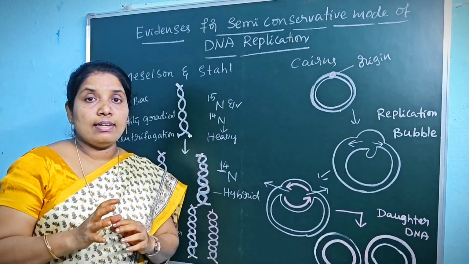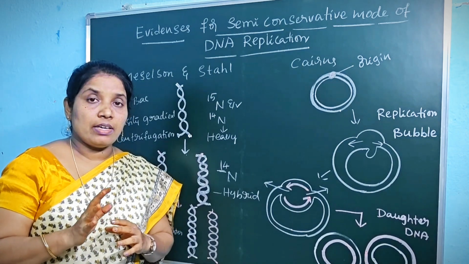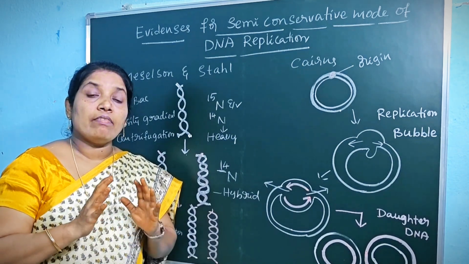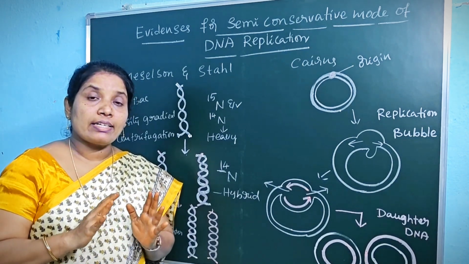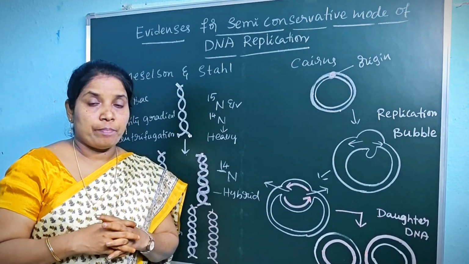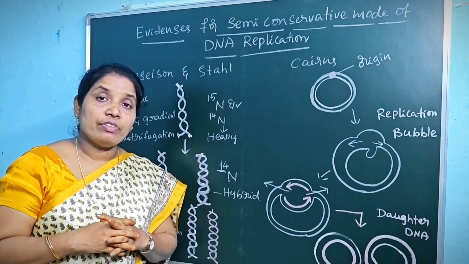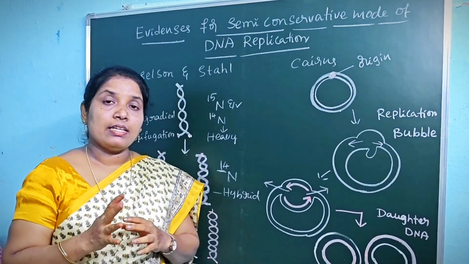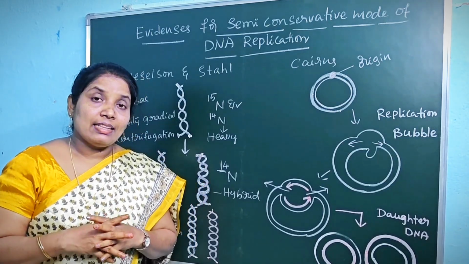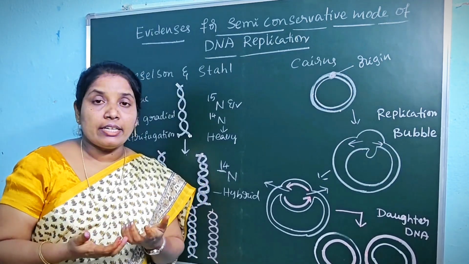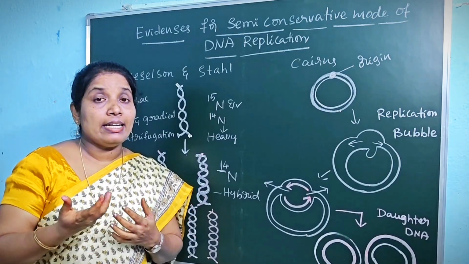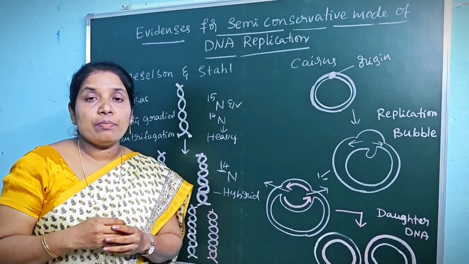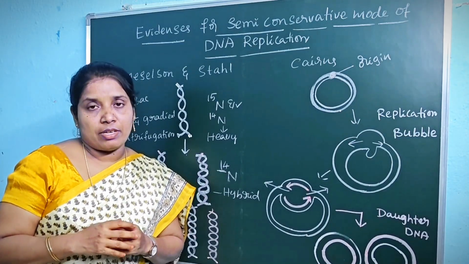So all the DNA present in the E. coli bacterium gets converted to radioactively labeled DNA due to the presence of thymidine bases.